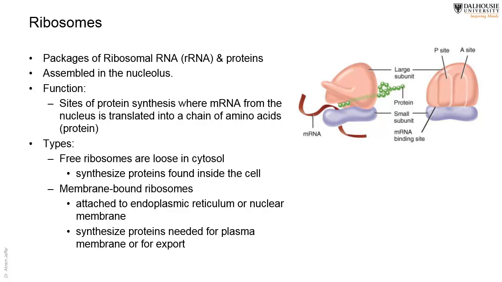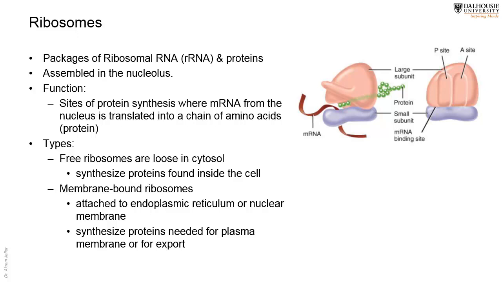I will talk about more details about the protein synthesis in a moment, but some of these ribosomes that are produced in the nucleolus are free ribosomes. They are just present in the cytosol, and they synthesize the proteins that are found just floating in the cytoplasm. The others are membrane bound. They are attached to the endoplasmic reticulum, which I'm going to talk about in a moment.